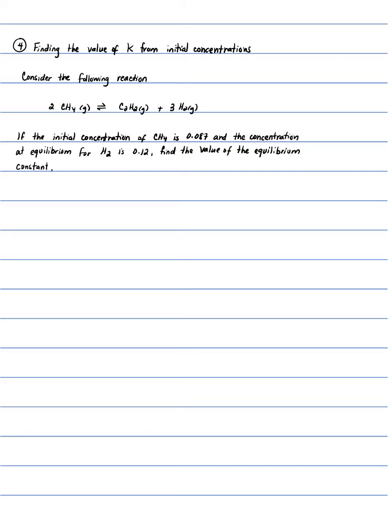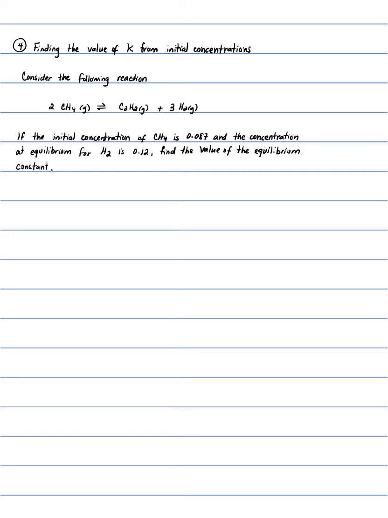But in this problem, we cannot make any assumptions because we don't have an actual numerical value for K. We were making the assumption based on a super small numerical value of K, which means that at equilibrium you have mostly reactant and just a small amount of product. Here, we don't have a numerical value, so we cannot make any assumptions.